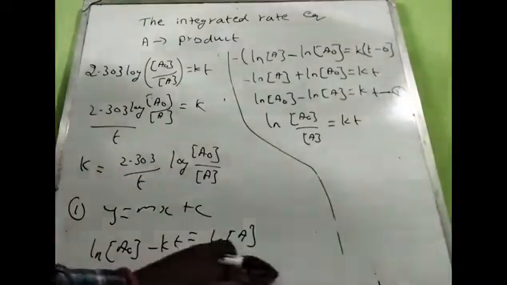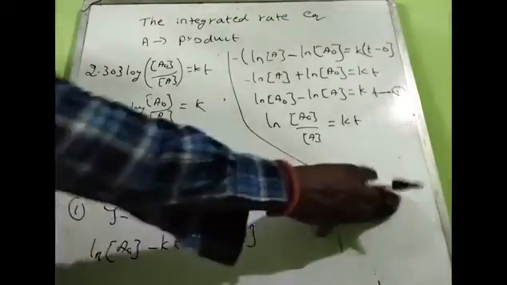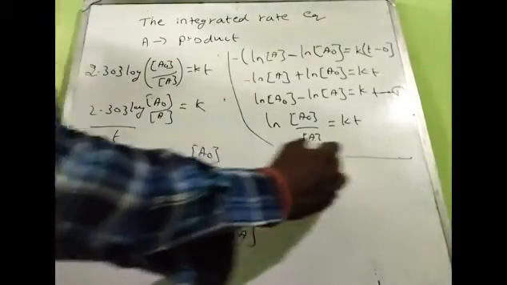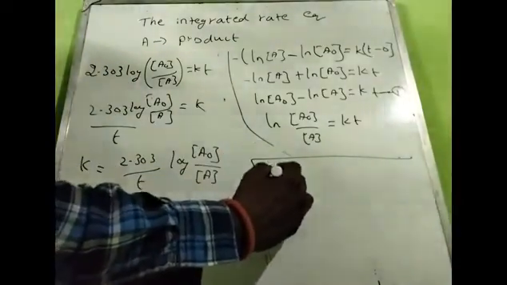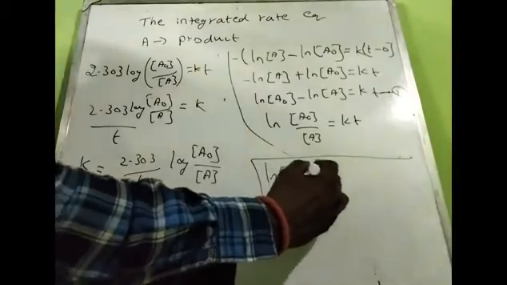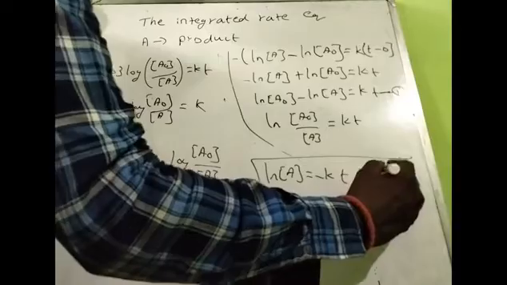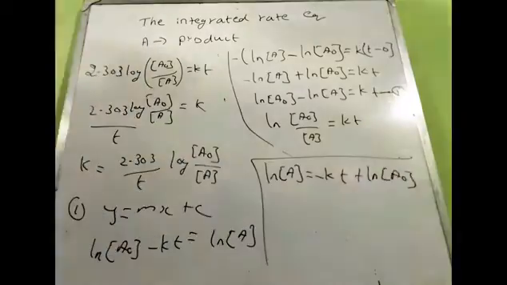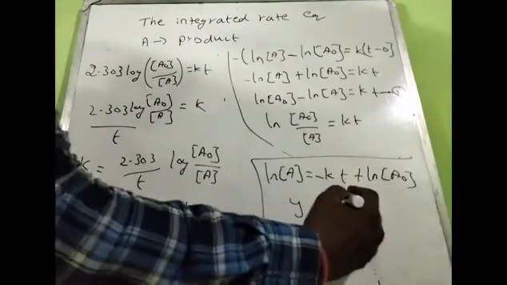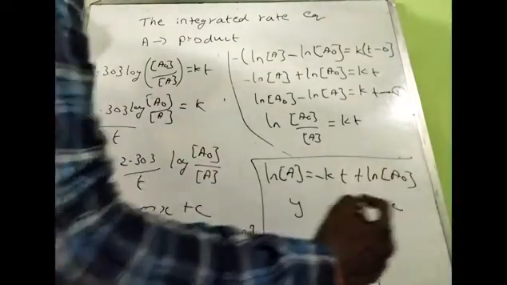We want to rearrange like that: log of a equals minus kd plus log of a naught. This is the form of y equals mx plus c. This is the value of k for the first order reaction. This is y. This is mx plus c. This is the form.